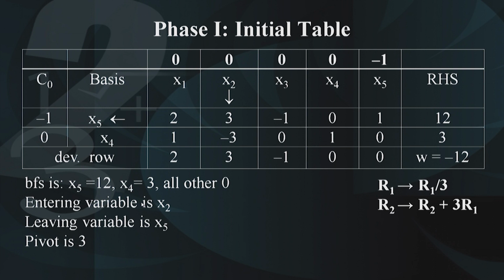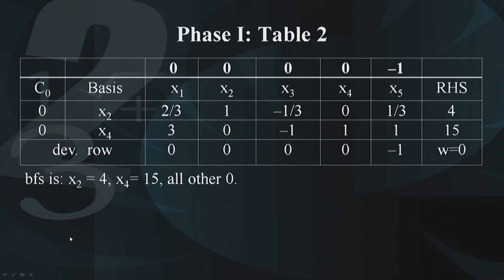With these two elementary operations, we can now look at our next table. So, phase 1 table 2, this is what it looks like.